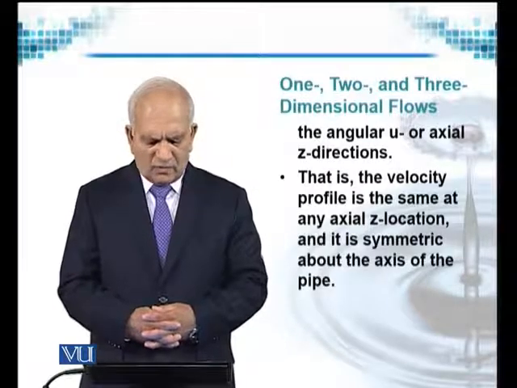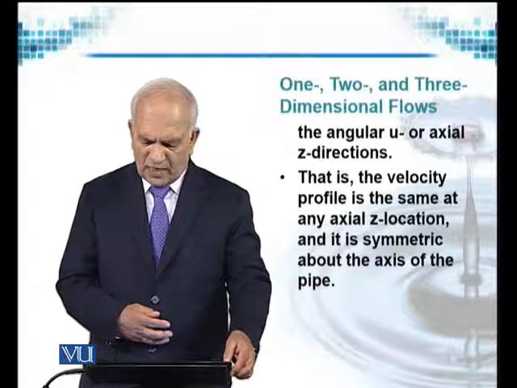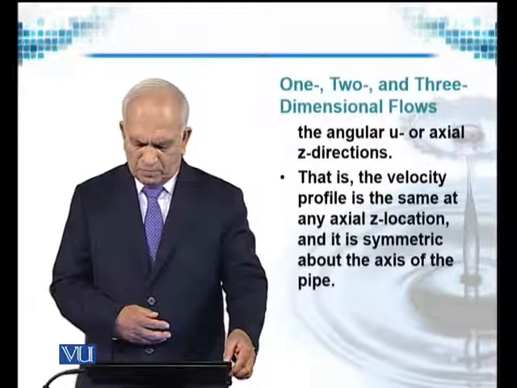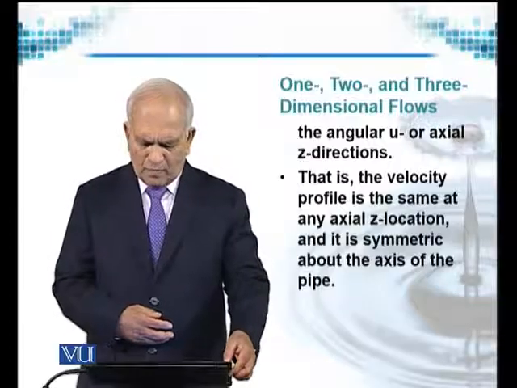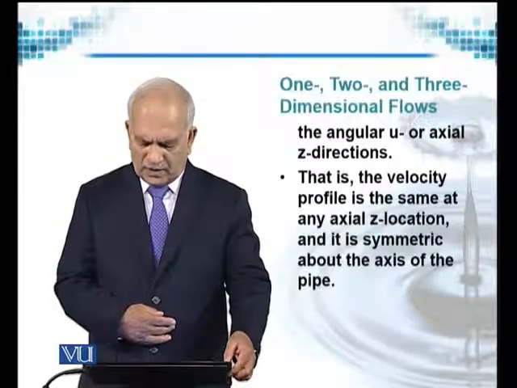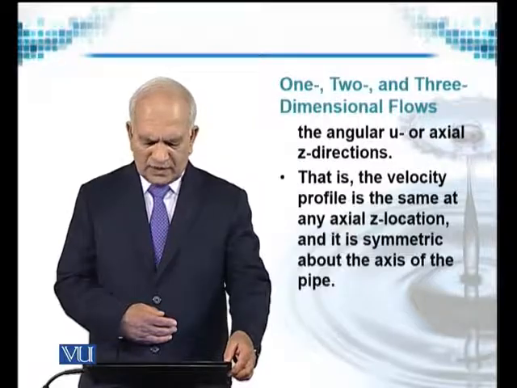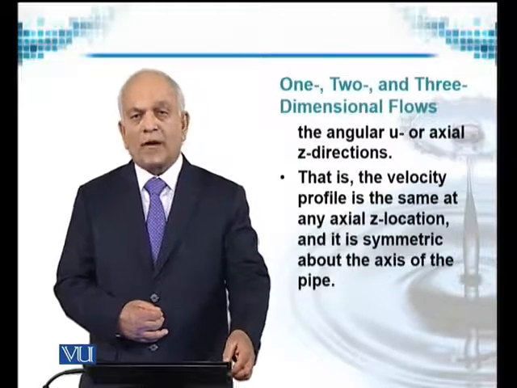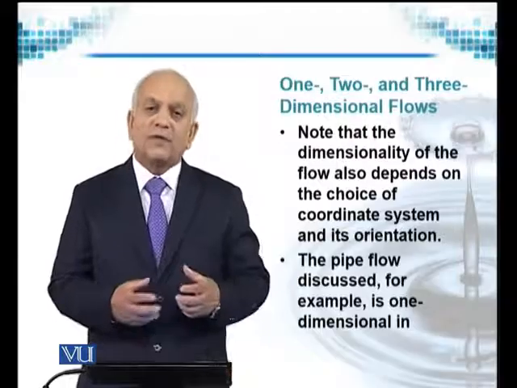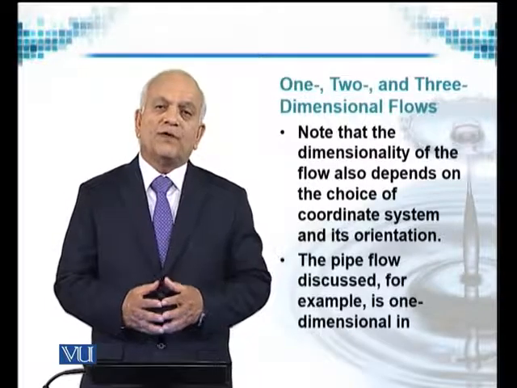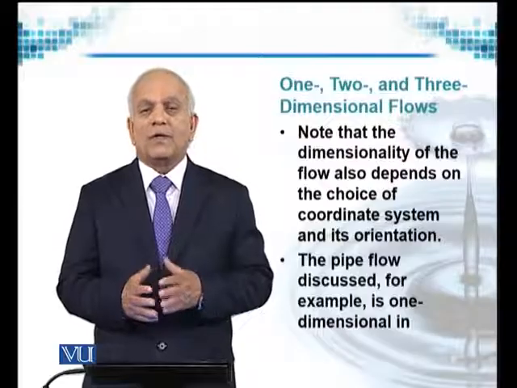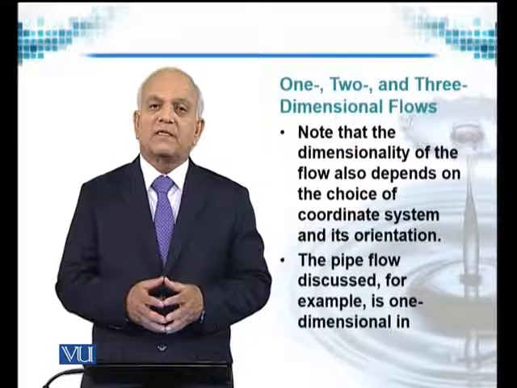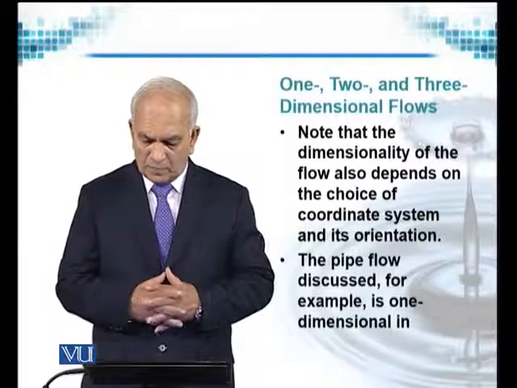That is, the velocity profile is the same at any axial z direction, and it is symmetric about the axis of the pipe. Even the picture was showing the fully developed flow is very symmetric about the r line.